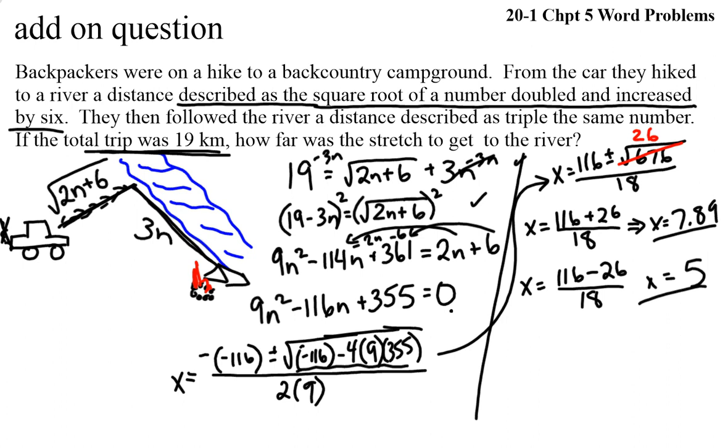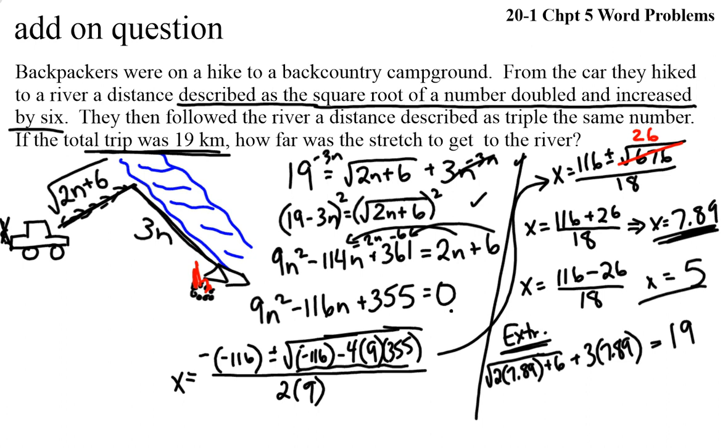But we have to be careful. We always have to check for extraneous roots, no matter what, anytime we solve a radical equation. If I do a verification of the first one, we have root 2 times 7.89 plus 6 plus 3 times 7.89, and I want that to equal 19.